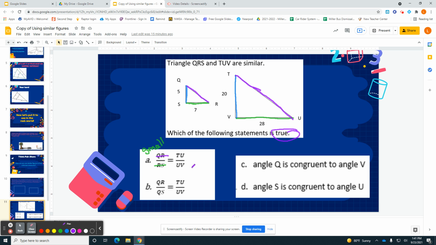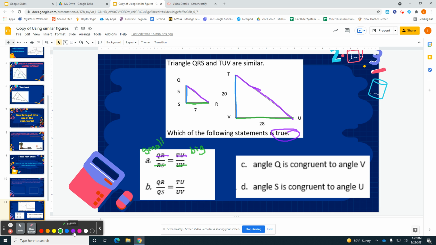Then we have TU. TU is purple. Okay, and that's on my big shape. Then I have UV. Is UV correct? UV is green, right? So, and then this is my big. So do they line up? Yes. Okay, so let's check these other ones to make sure one of these doesn't.